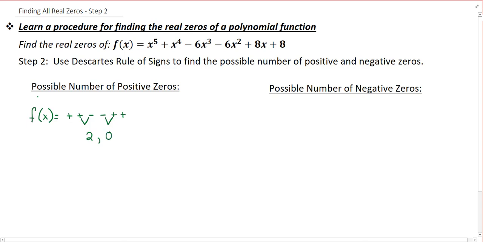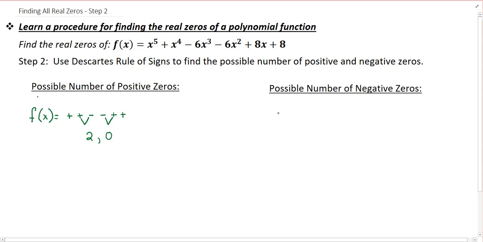That would mean there are possibly 0 positive zeros. Now you can't have less than 0, so there's no reason to keep subtracting off 2. These are your only options. So the possible number of positive zeros we have are 2 or 0. It's one or the other.